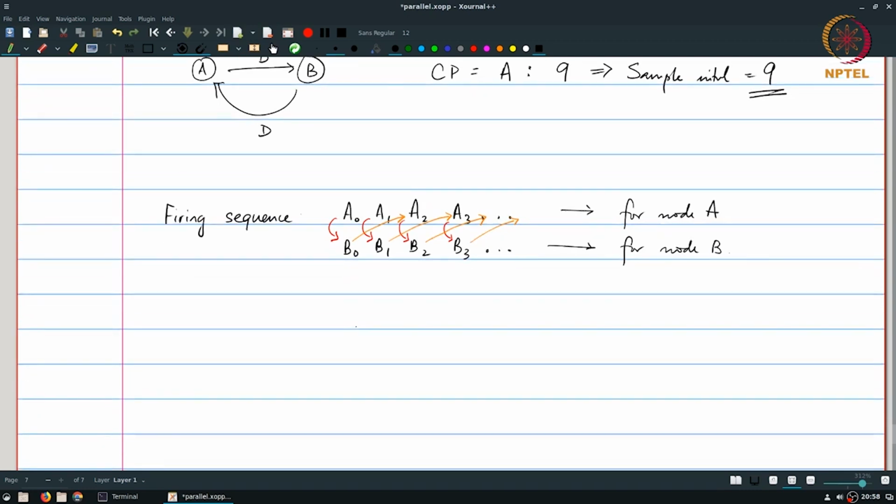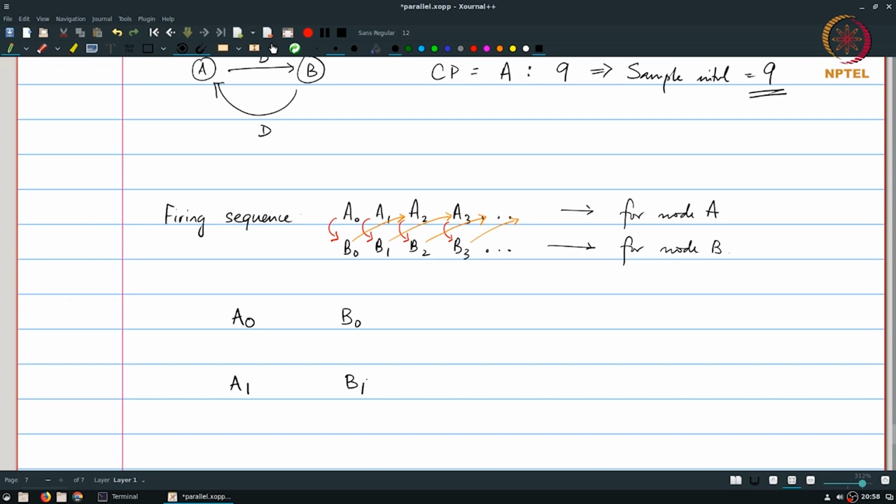Let me start by essentially creating 2 copies of the computational nodes themselves. I'll call them A0 and A1, and similarly B0 and B1, right?